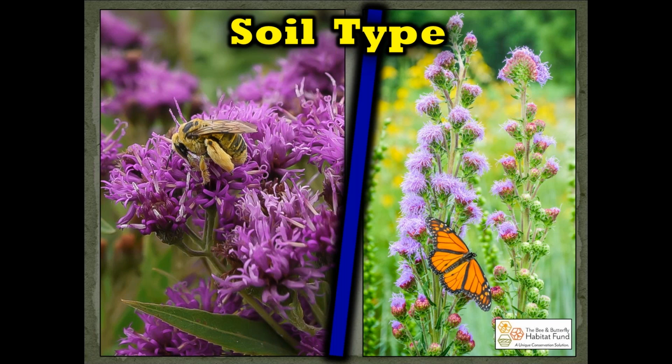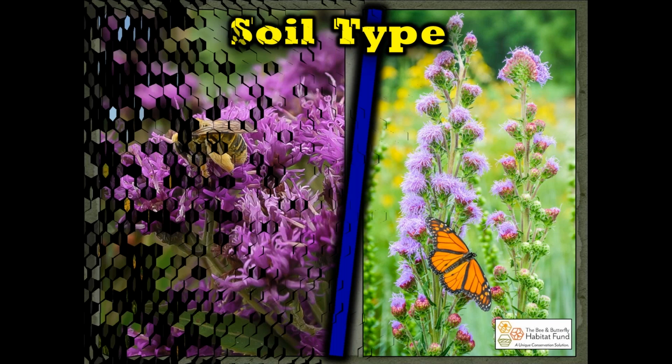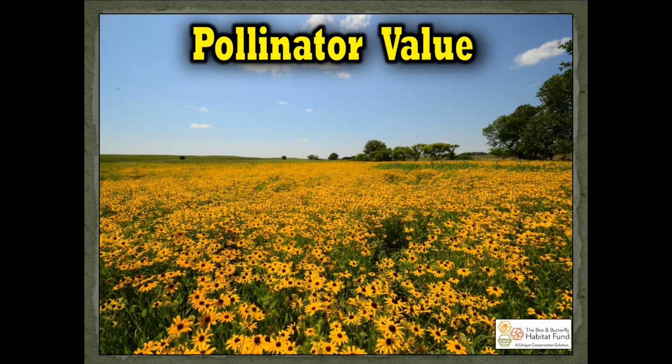Pollinator value. Anybody know what this field is right here, what the main plant is in there? Black-eyed Susan. Found throughout almost all the 48 states, inexpensive, shows up quickly, boom, you got pollinator value, or you have pollinator value that people can see. One of the things that personally frustrates me a little bit is when people see something flowering and they think that means it has pollinator value.